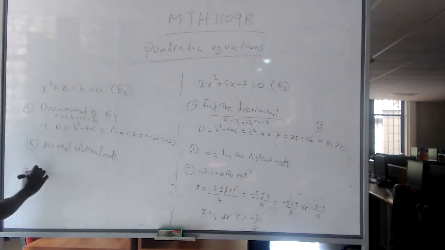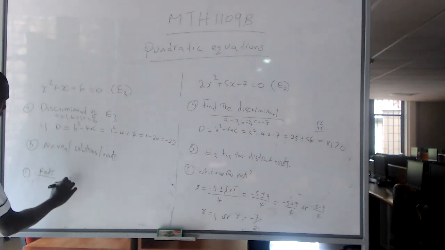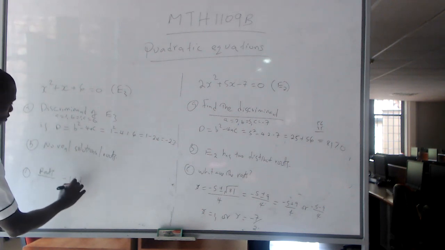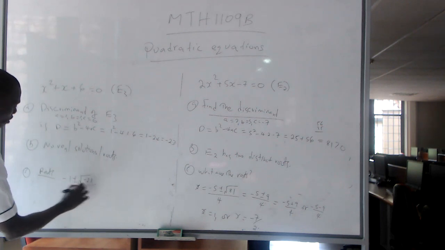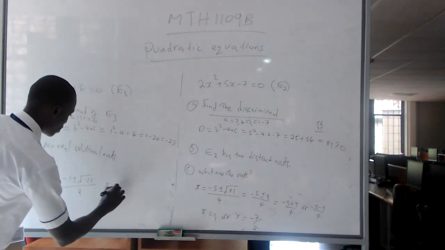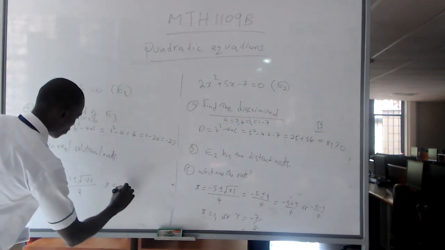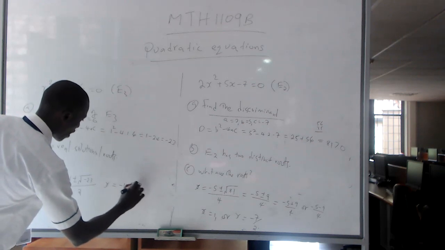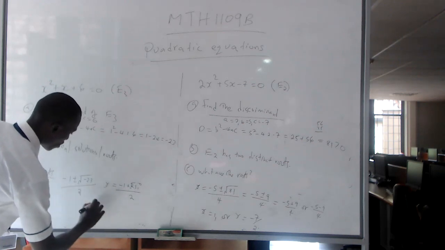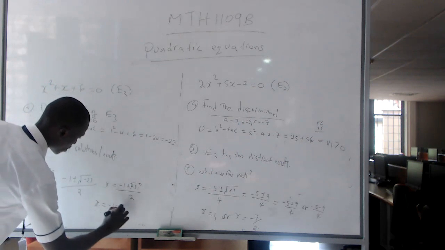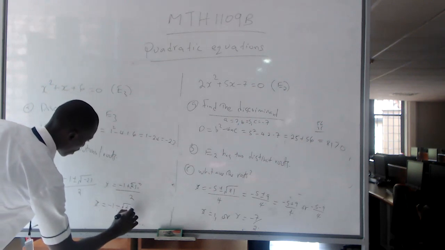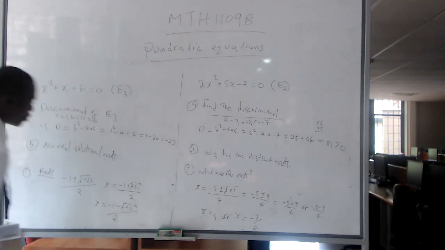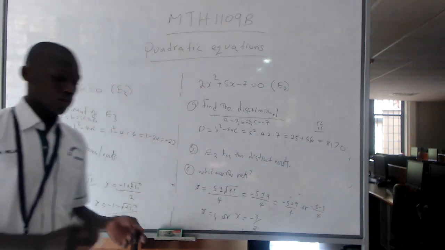Now part C, the roots will be minus 1 plus or minus the square root of minus 23, divided by 2, which will give you x is minus 1 plus root 23 i divided by 2, or x is minus 1 minus root 23 i divided by 2. These will be the roots of this equation.